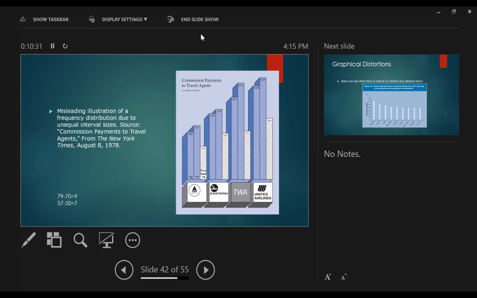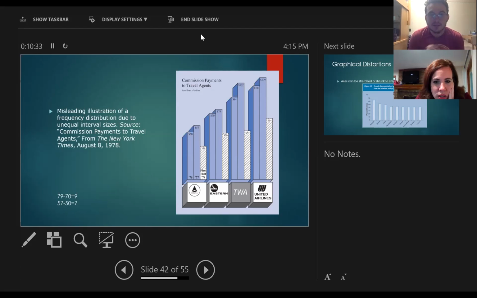Anything strike you as odd? 70 to 79 is almost smaller. Yeah. So how they outlined it is not accurate. And here we have 100 to 109, which is the same as 70 to 79, but look how much wider that is. So that's distorting data. That's not telling the full story.